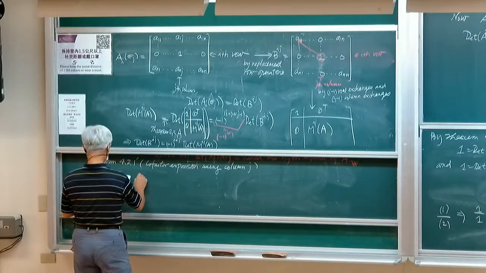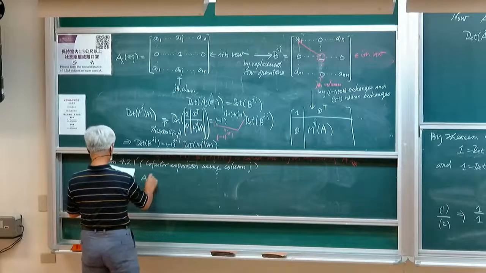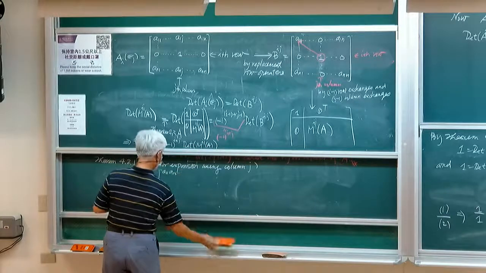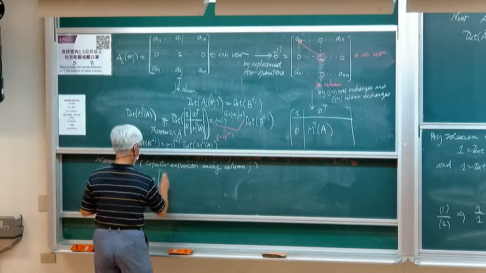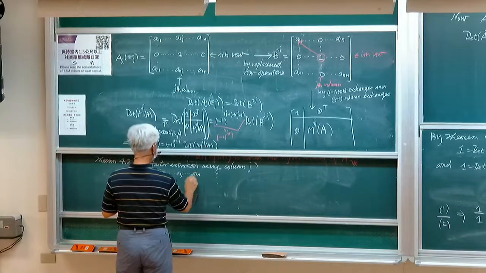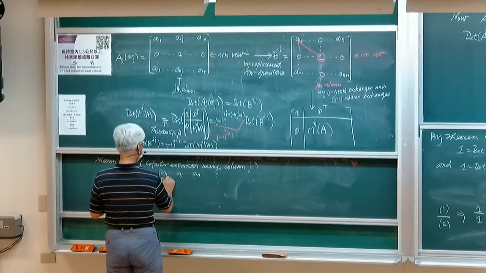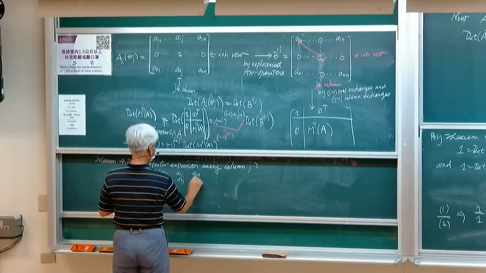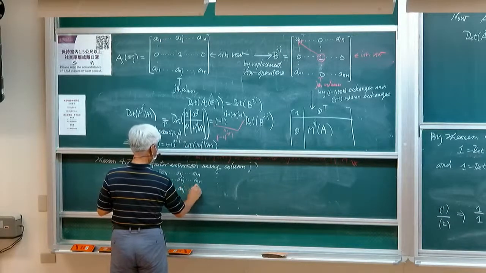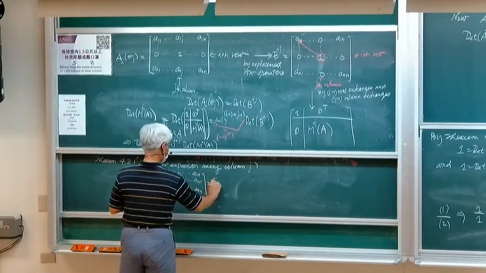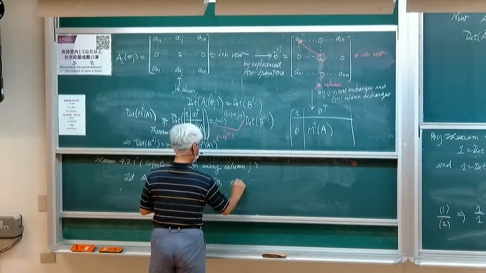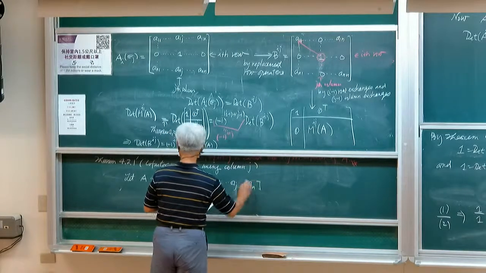So again, we let A equal to the matrix with entries A11 up to A1j up to A1n, and A21 up to A2j up to A2n, down to An1, Anj, Ann. So I write it as columns A1, Aj, An.